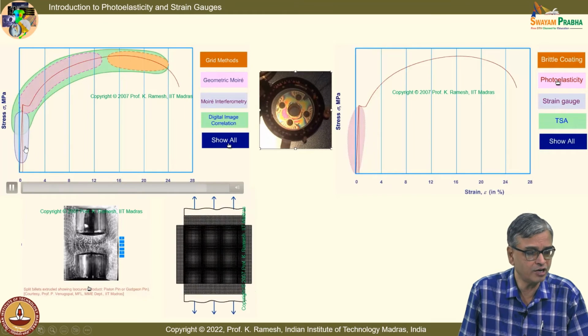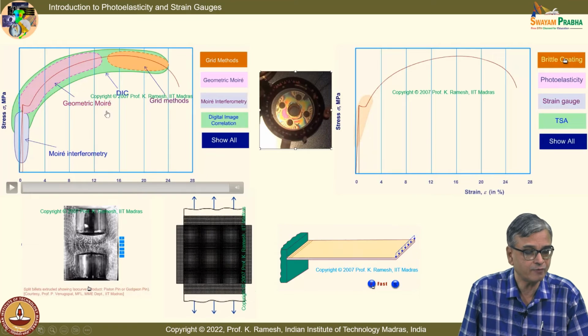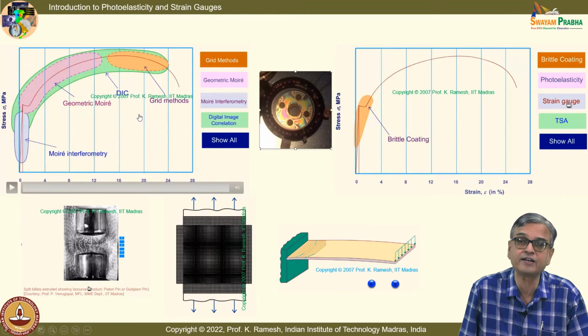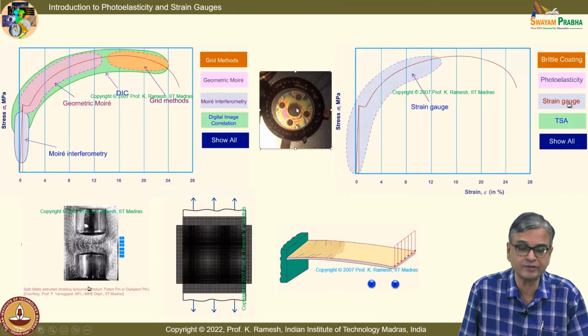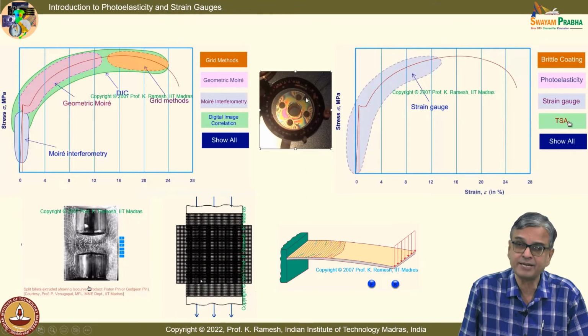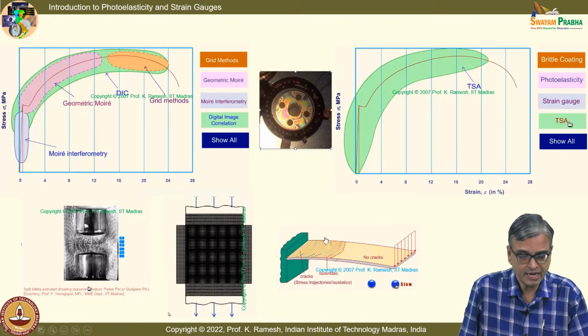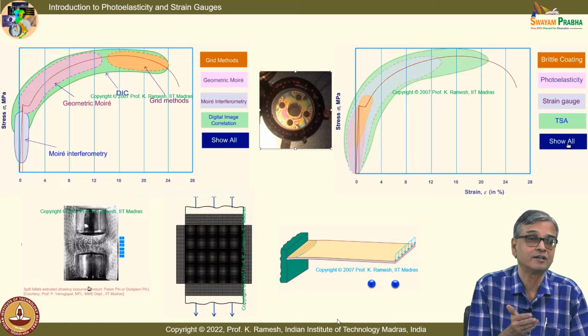So, you should choose an appropriate technique that would meet your requirement. If you are working in this range, I can go only for Moire interferometry. If I work in this range, I can go for a grid method. And you can also apply photoelastic coating to reveal the strain patterns, and you have the Moire, which also gives you displacements. And you have a brittle coating, where normally you do not want cracks.